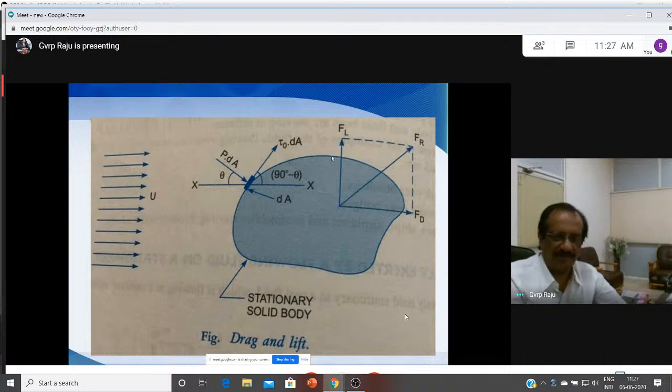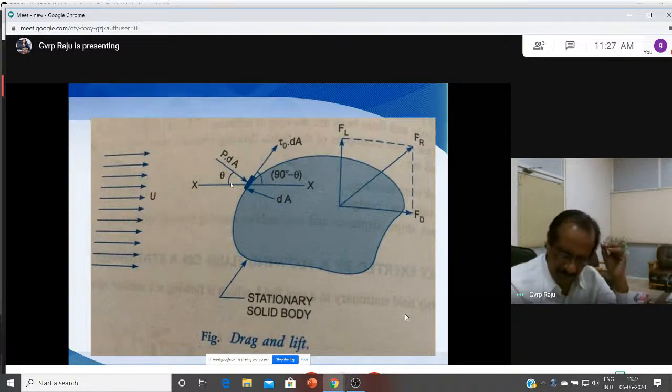Now we have the pressure drag and total drag for a small element, and if you want to find out the drag force for the entire body, you take the integration. So integration of pressure drag and friction drag, so that you can find out the drag for the entire surface here.